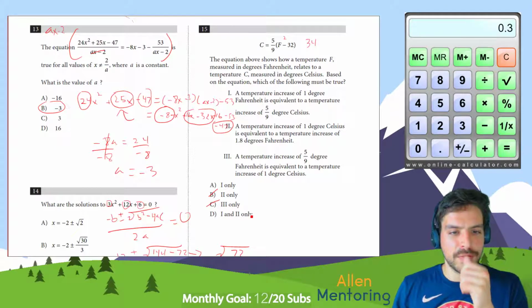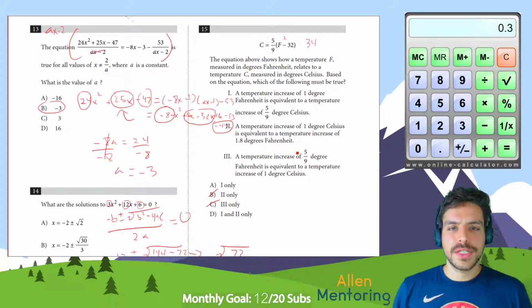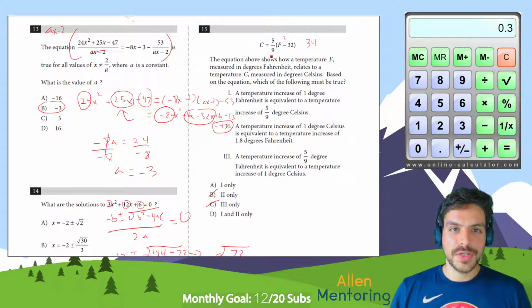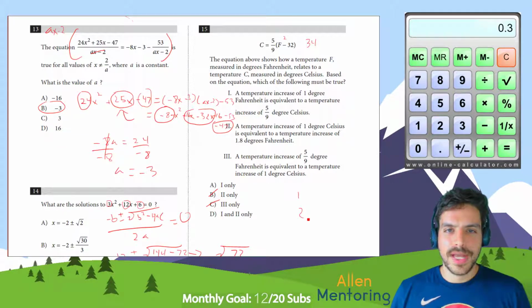So all we have to do is check 2. A temperature increase of 1 degree Celsius is equivalent to a temperature increase of 1.8 degrees Fahrenheit. So let's see here. What happens if you increase by 1 degree Celsius? If C goes up by 1, what happens to F?